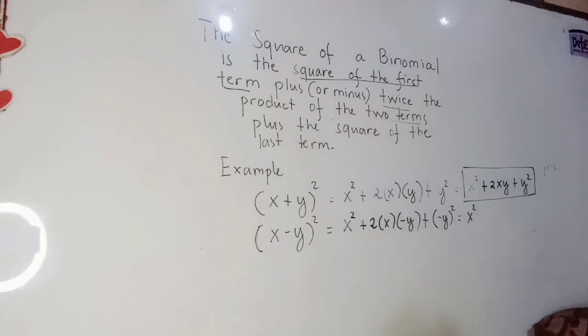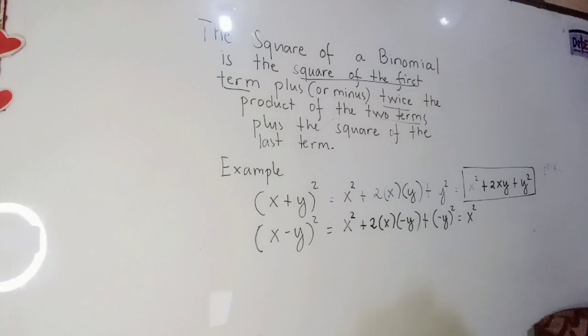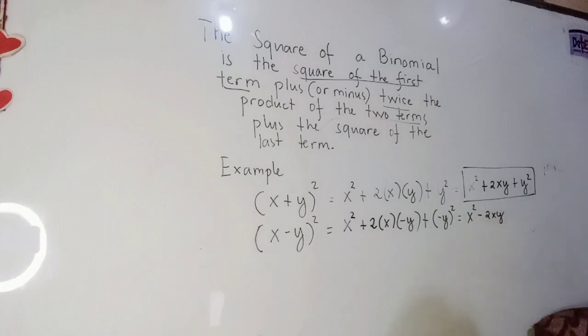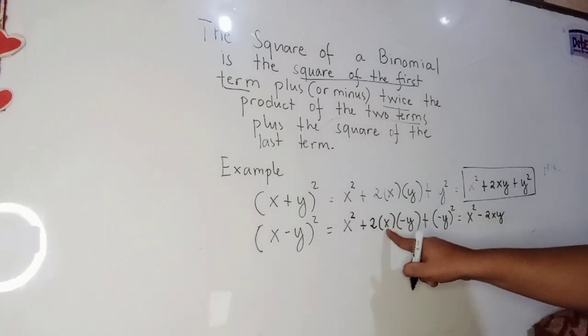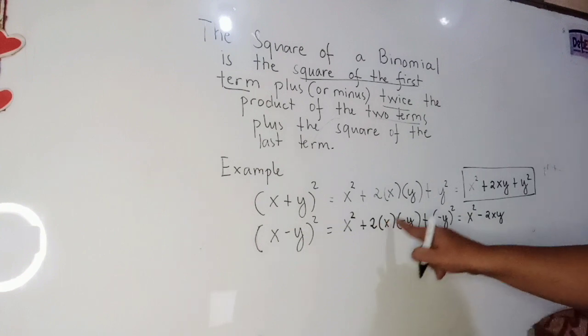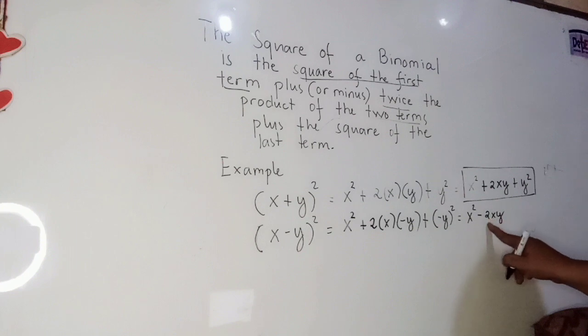Remember in the rule, whenever we are multiplying signs, positive times negative will give us negative. So, this will now be minus 2xy, because 2 times x times negative y will give us negative 2xy, or minus 2xy.